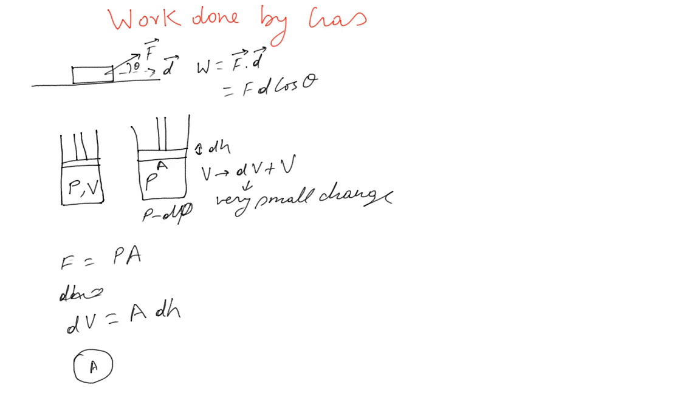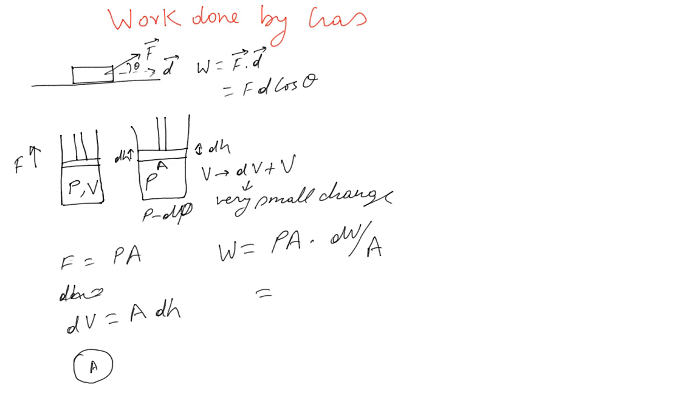So what is going to be the work? Work is going to be F times dH. F is in the upward direction, and dH is also in the upward direction. So W is going to be PA times dV divided by A, right?